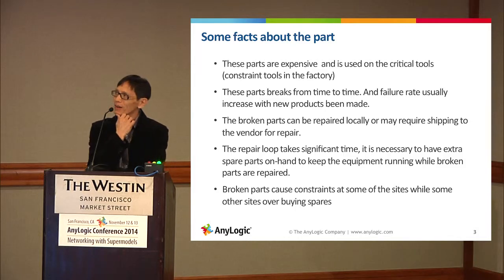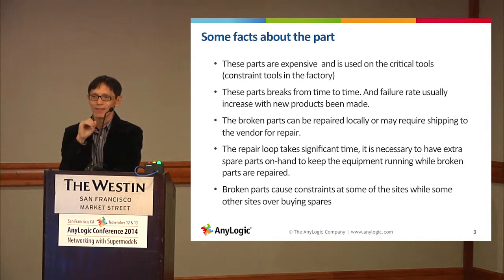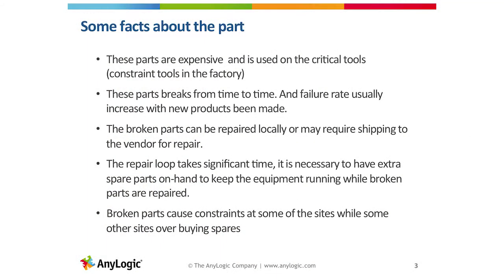Just some more background about this whole situation. One important factor is this part on the equipment is actually expensive. And the tool itself is the capacity constraint. So we really don't want to have downtime, otherwise it will cause a production issue.